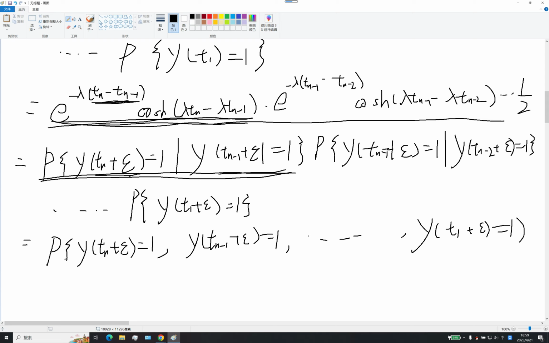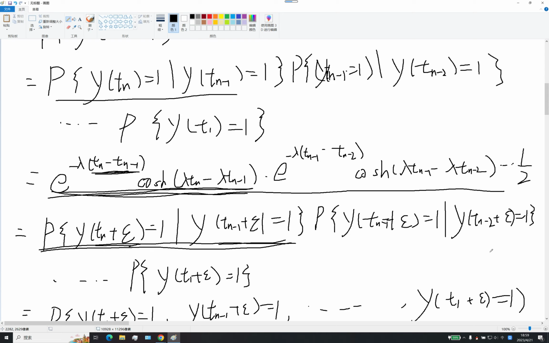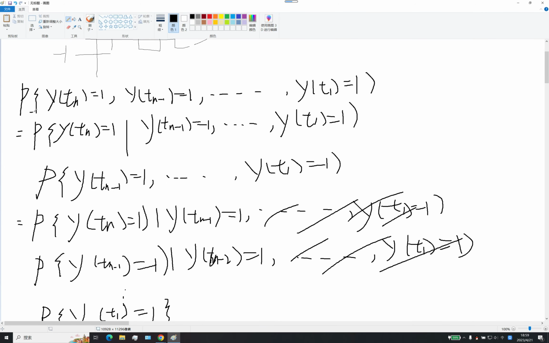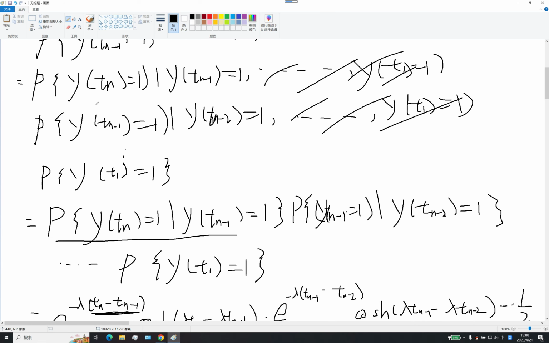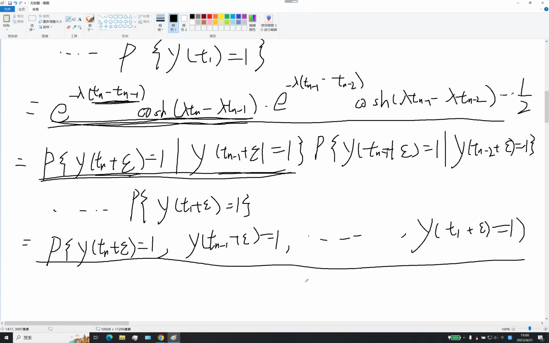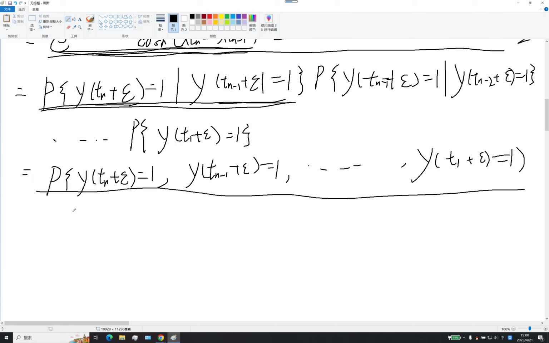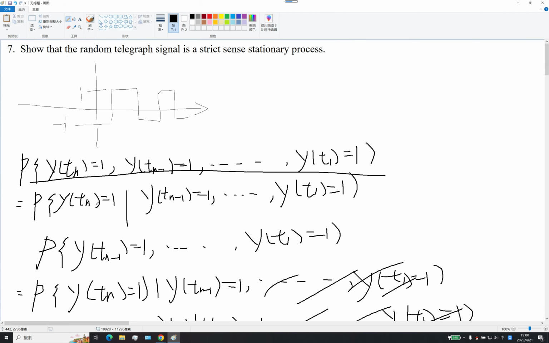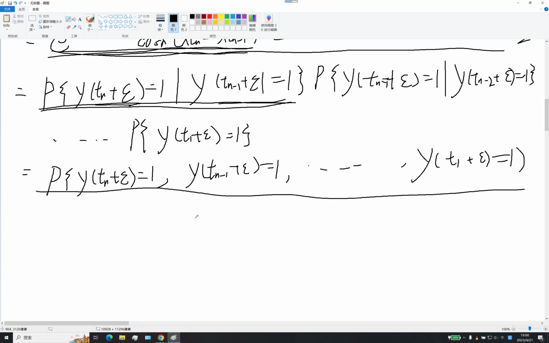The probability of this is equal to the probability of the original one, which means tn, tn-1, up to t1 shifted by the same epsilon have the same probability. It only depends on tn minus tn-1 and so on. So we know that the process is a strict sense stationary process. So the proof is done.